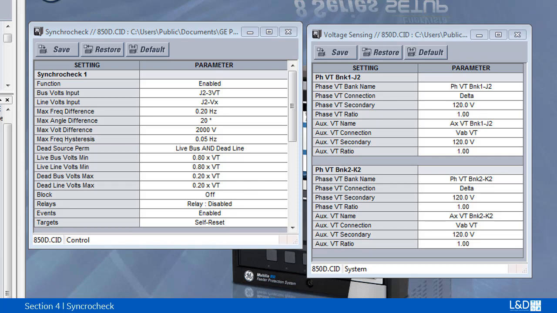Once permit is set and all conditions are met, then sync dead source OK operand will be sent to the transfer scheme. If magnitude, phase, and frequency differences are all below the settings, then sync1 close permit operand will be asserted.